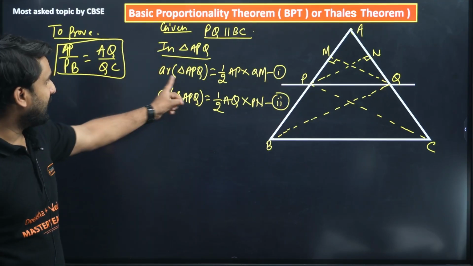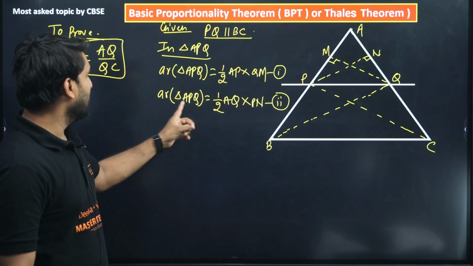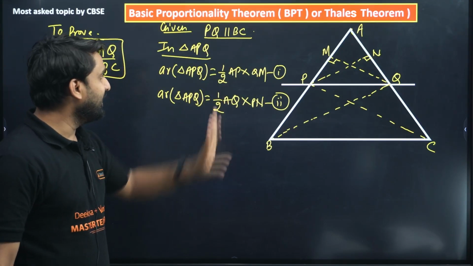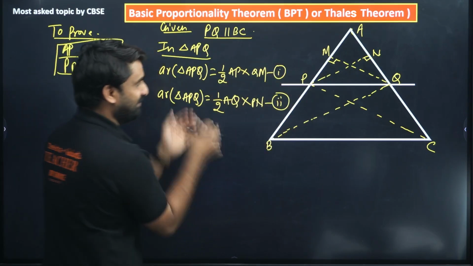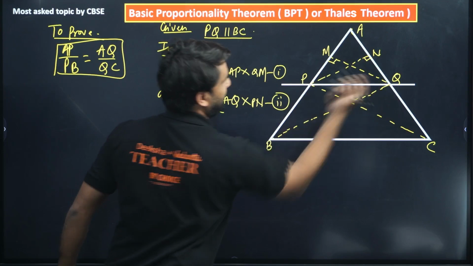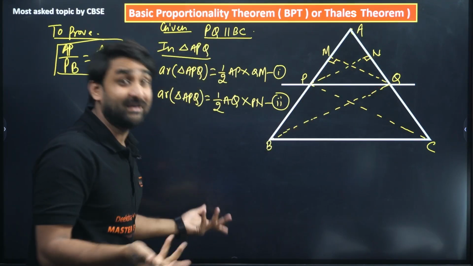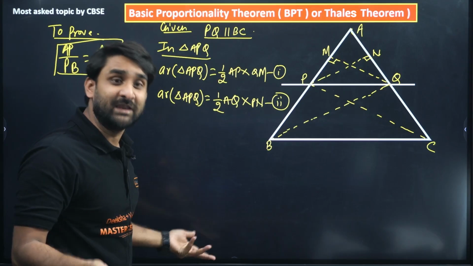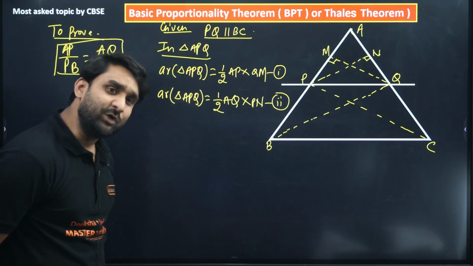Look, triangle APQ is equal to half AP into QM, and triangle APQ is also half AQ into PN, and both are equal because the triangle is the same; only the base and height are different. I'm taking AP as base, so QM is the height, and I'm taking AQ as base, so PN is the height. But the triangle is the same, so both have equal area.